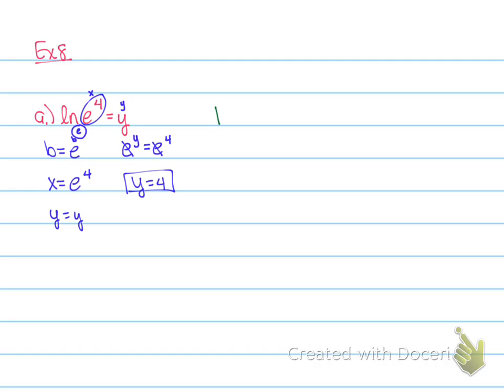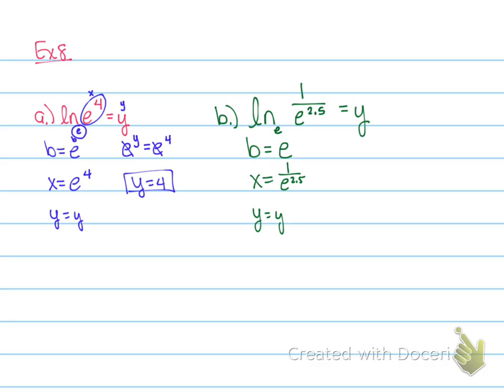B wants us to solve the natural log of 1 over e to the 2.5. Again, it's in log form, so we're going to set it equal to y. Remember, you have a little base of e, even though it's not written there. So our base is e, our x is 1 over e to the 2.5, and our y is going to be y.